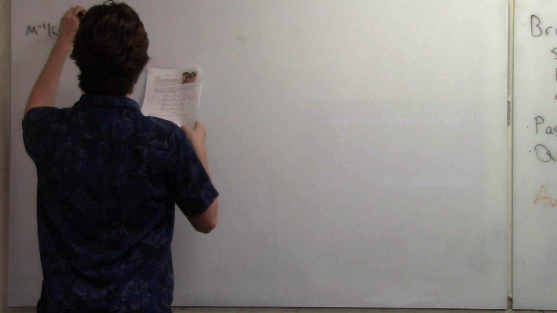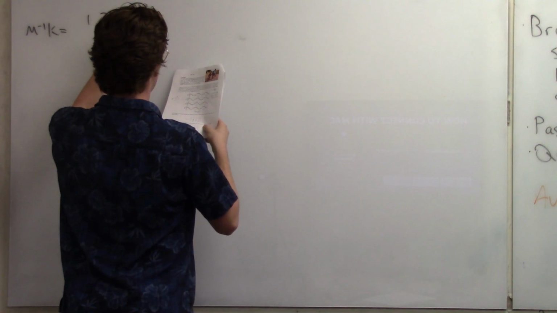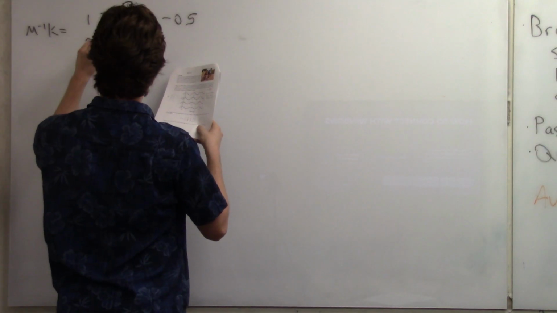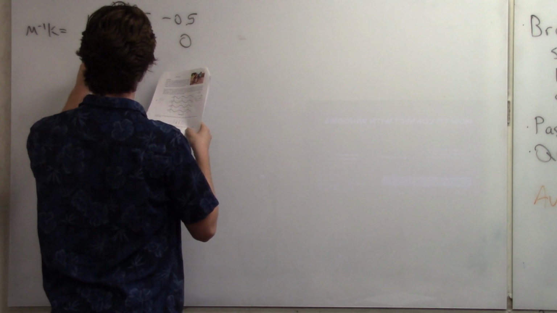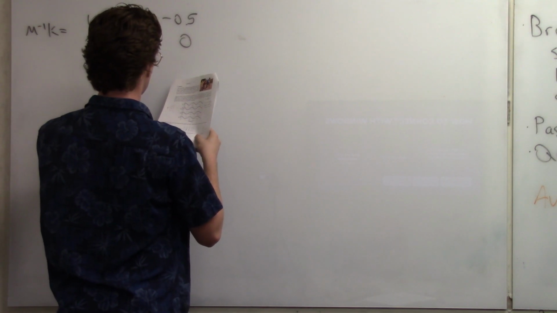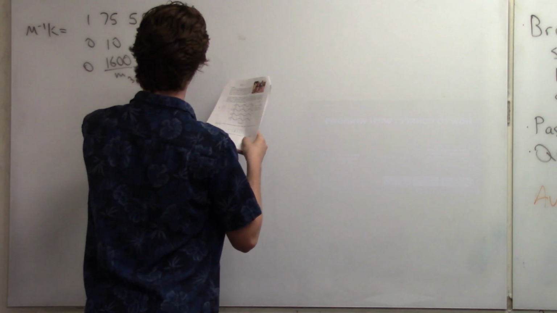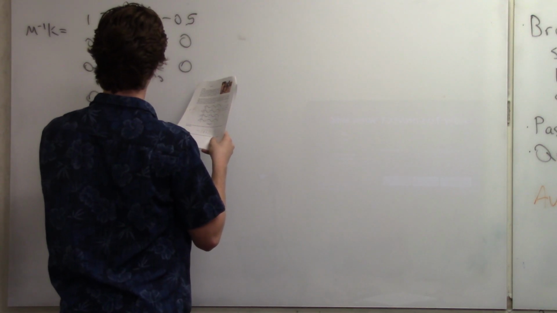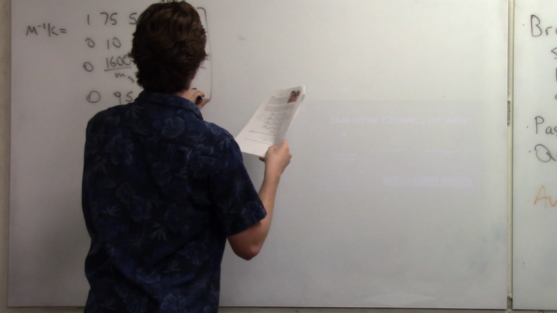So we're going to have 1, 75, 5.5, negative 0.5, 0, 10, 0, 0, 0, 1600 divided by M3, 20 divided by M3, 0, 0, 95, 0, and 0.5. This is our M inverse K matrix.